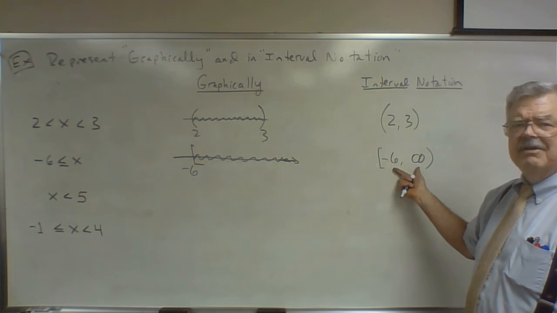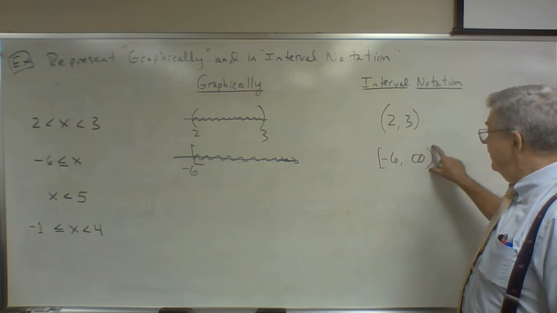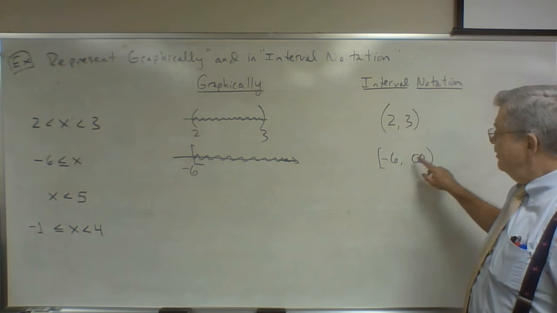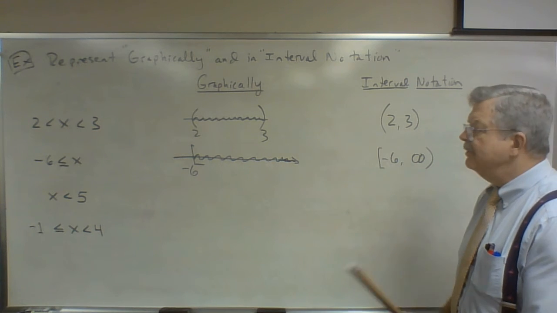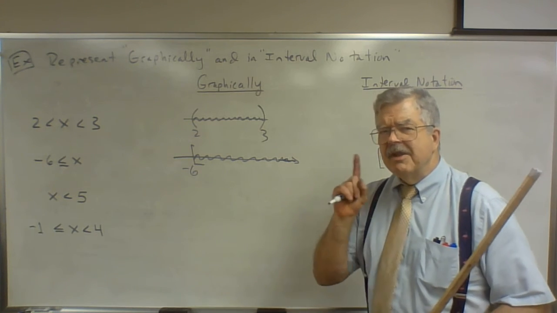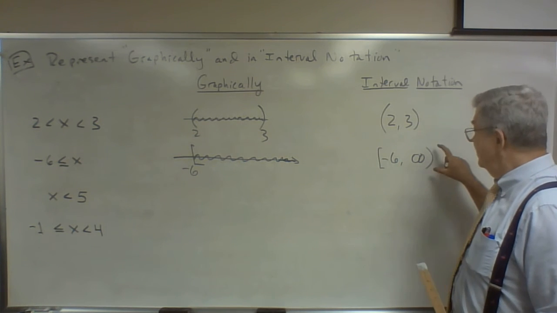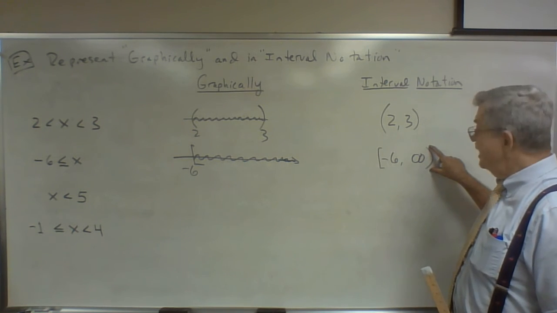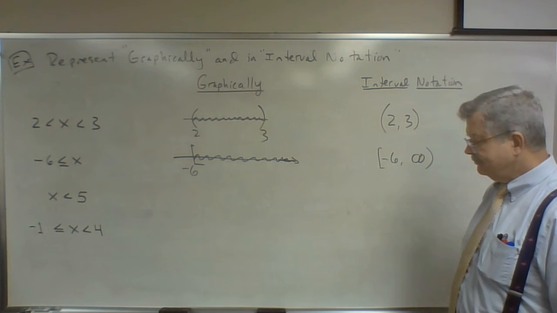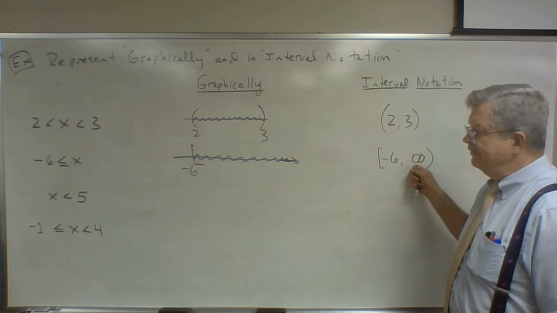And notice that in interval notation, whenever we have infinity or negative infinity, there's always a round brace next to it, because this is the set of all real numbers that are in the solution set of this inequality. There is no real number equal to infinity. So we don't have a square brace here. We have a round brace, showing that infinity is not part of the solution.